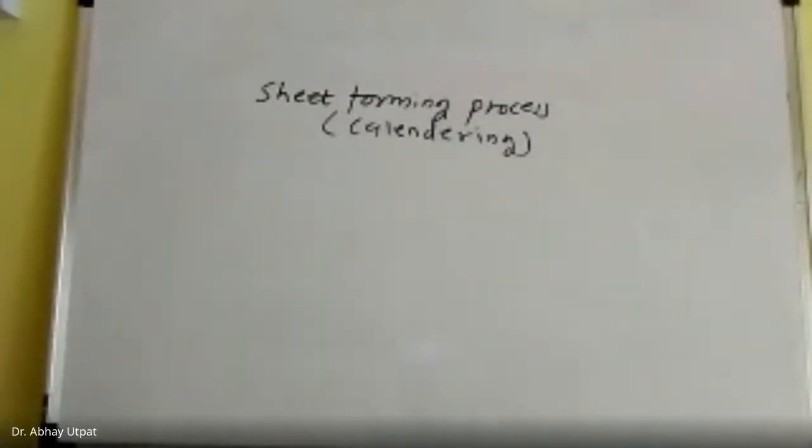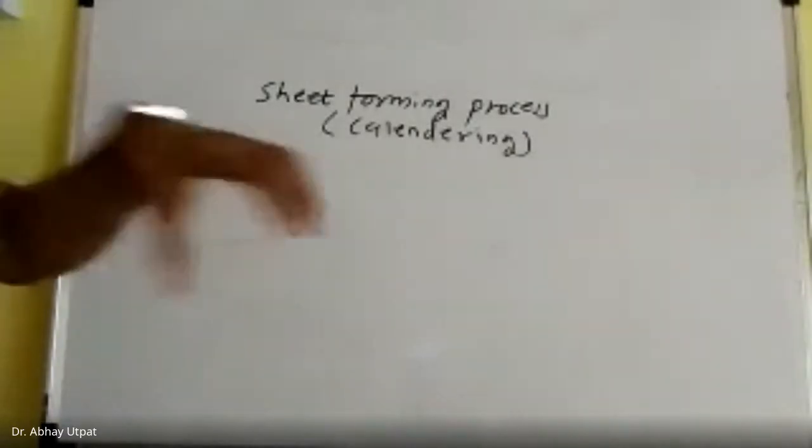Calendars, CALENDERS. So the rolls are called calendars. Calendars are nothing but a group of rolls, ROLLS, cylindrical shape. Okay.